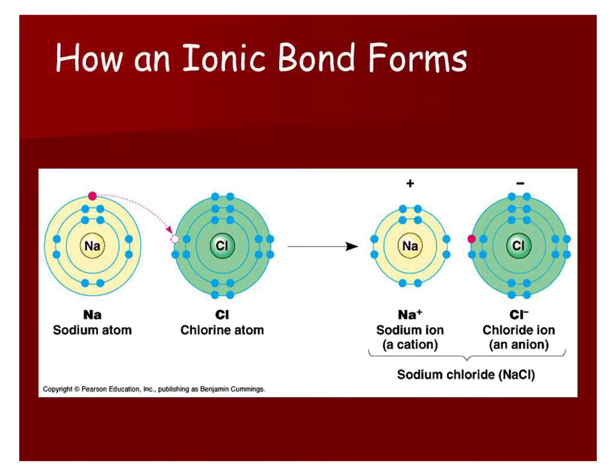Okay, so let's see how an ionic bond forms. Remember, when atoms of elements are in their natural state, they're neutral. However, when you bring them together, there could be a chemical reaction between the two, and that results in the formation of a new bond. Recall that sodium is an alkali metal, and chlorine is a halogen.